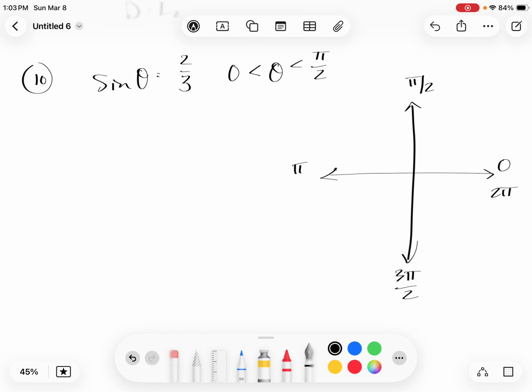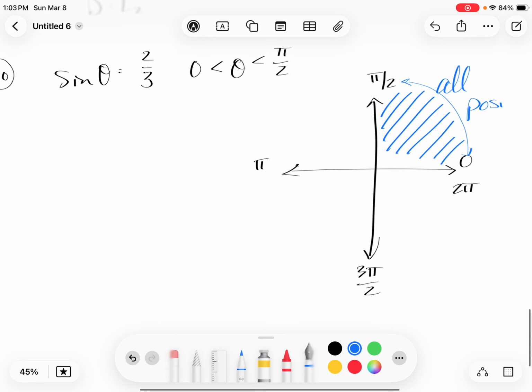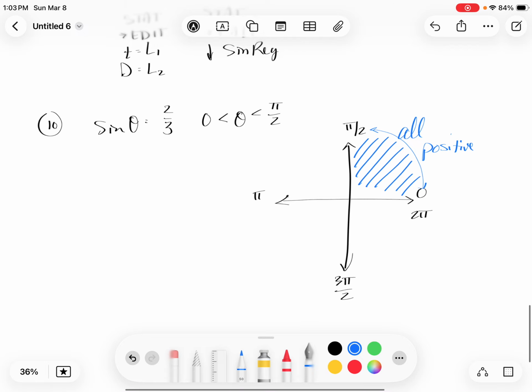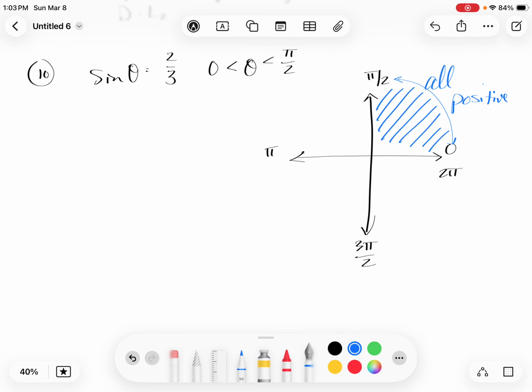Those are the radian measures for each of the parts of the quadrants. Now, when you are going from 0 to pi over 2, like this one does, you are in quadrant number 1, which means all are positive. So every answer in that zone is going to be a positive answer. You will not have a negative there.